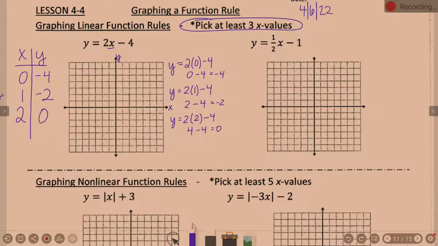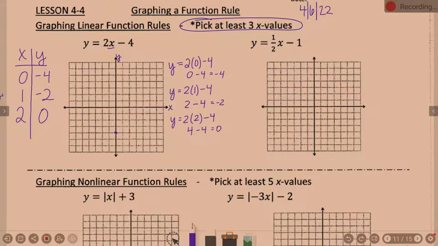So 0, negative 4. 0 tells me 0 to the left or right, so we're going to stay. Negative 4 tells me I go down on the y-axis, which means I'm going down 4. So remember, first number is left or right. Second number is up or down.